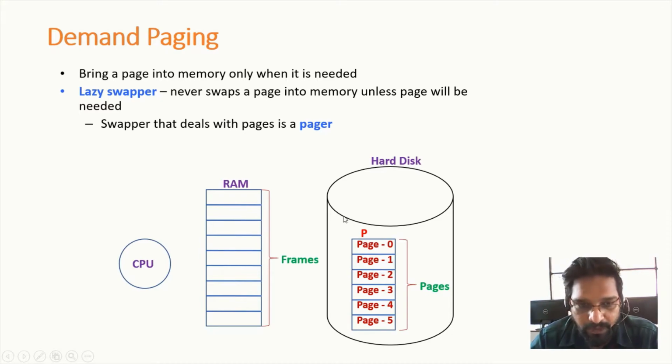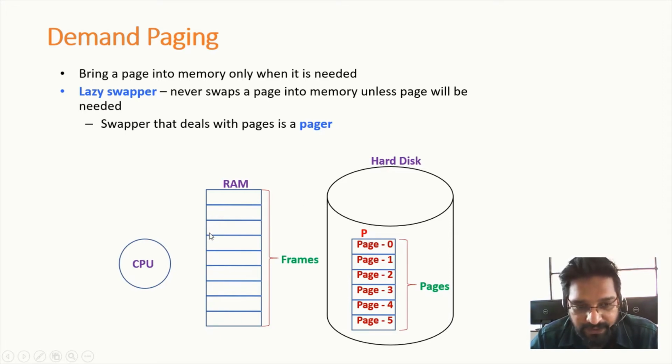Now, in order to execute a process called P, the CPU is going to request a page of the corresponding process. If that page is not present inside the RAM, then that page needs to be moved from hard disk to RAM.